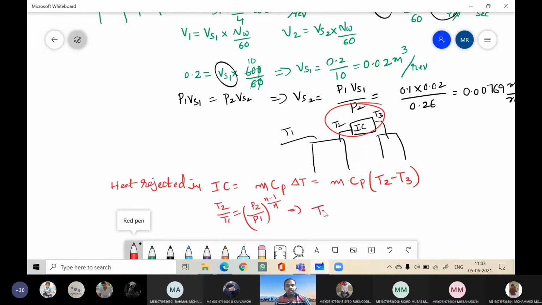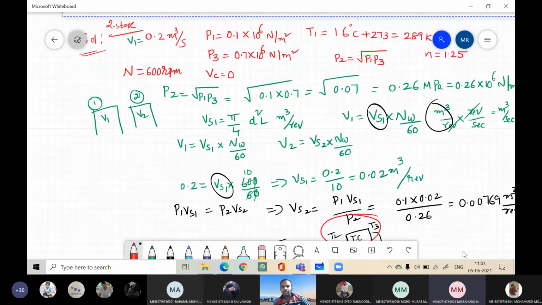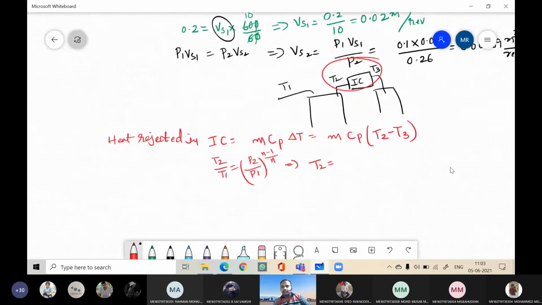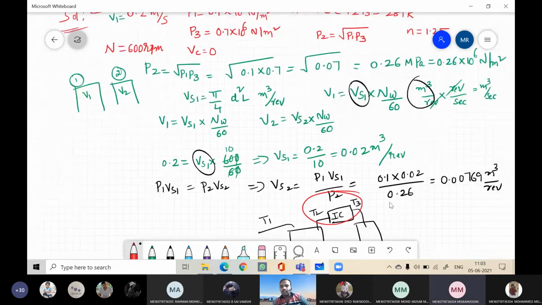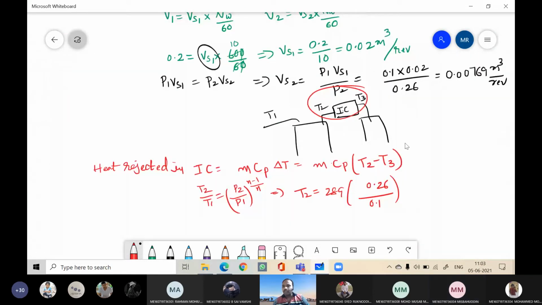Therefore T2 is equal to T1, which is 289 Kelvin, multiplied by (0.26 divided by 0.1) whole power, where n is given as 1.25, so 1.25 minus 1 is 0.25 divided by 1.25. Simplify this and tell me the T2 value.